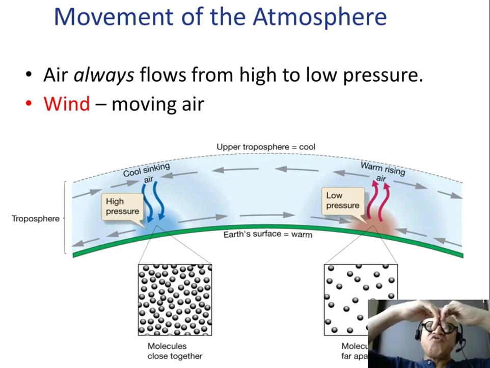So the air is moving away from this high pressure region, which means sinking air is replacing the air that's moving away, or sinking air is going to push the air away from where it's sinking. So the molecules are closer together here because of colder temperatures, lower kinetic energy, and so on.